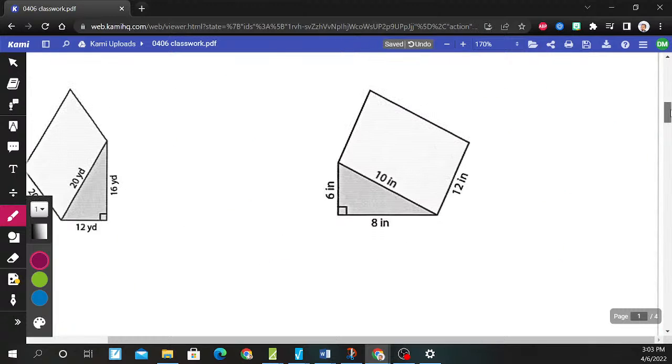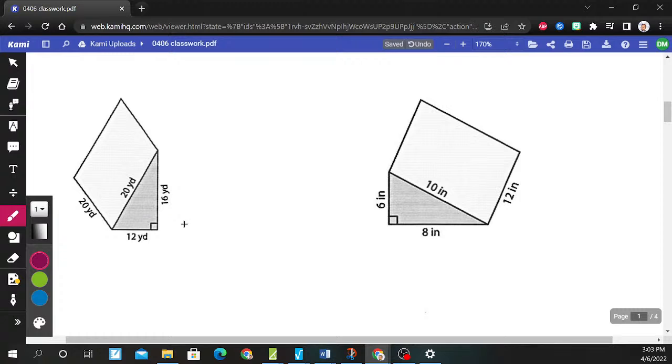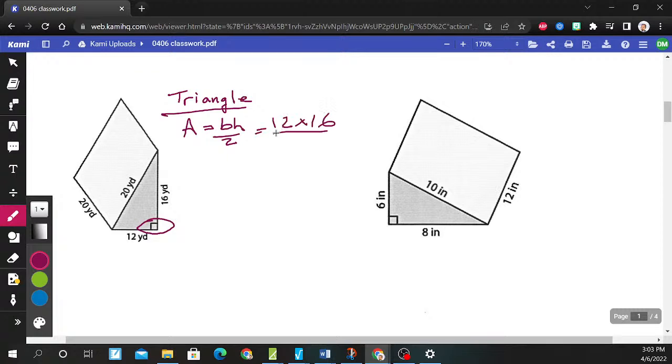Last one of these, well, last two of these, sorry. Again, we've got our box here for our right angle. So we've got a triangle. Area of the triangle is going to be base times height divided by 2. And so 12 times 16 over 2. That would be 96. So we're going to have two 96s.